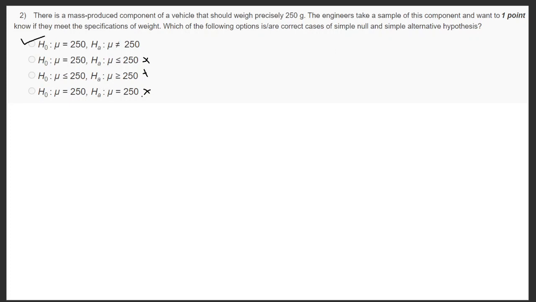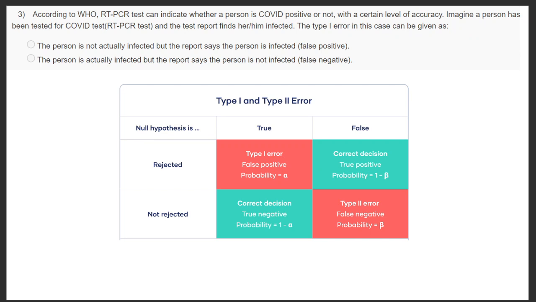So going to the third question. According to WHO, the RT-PCR test can indicate whether a person is COVID positive or negative, with a certain level of accuracy. Imagine a person has been tested for COVID, and the test report finds him or her infected. The type one error in this case can be given as, okay.